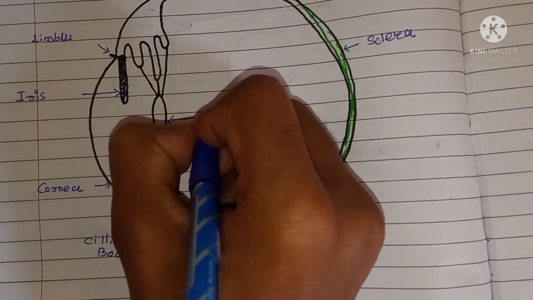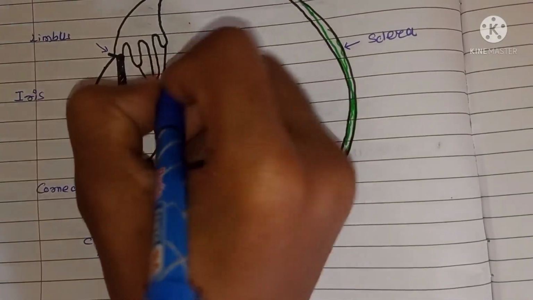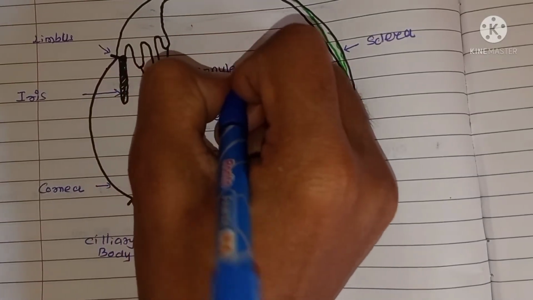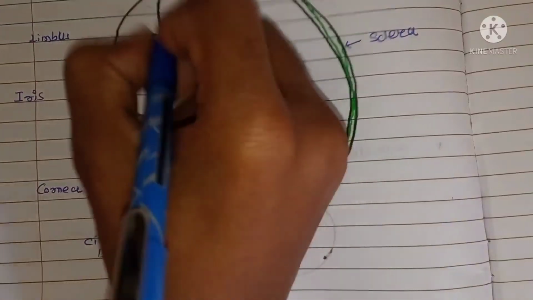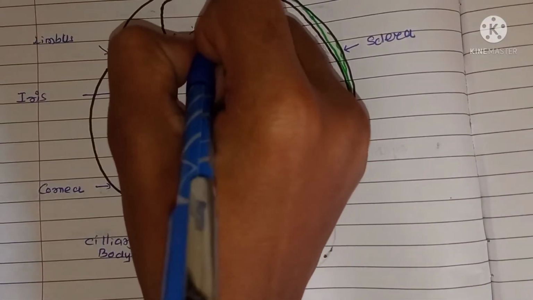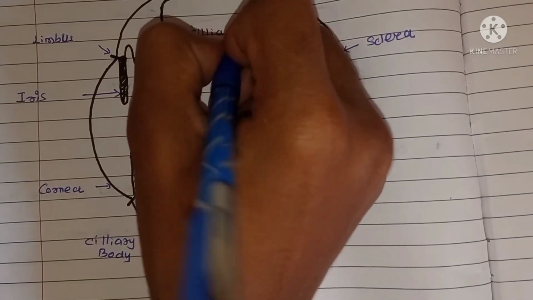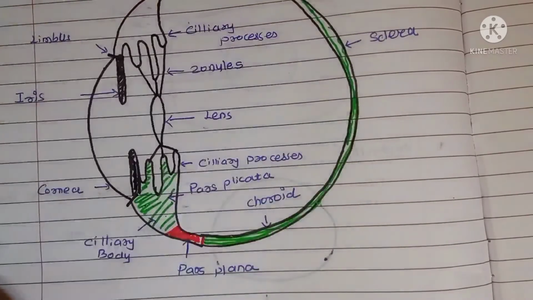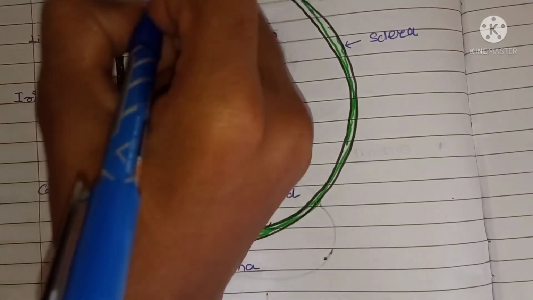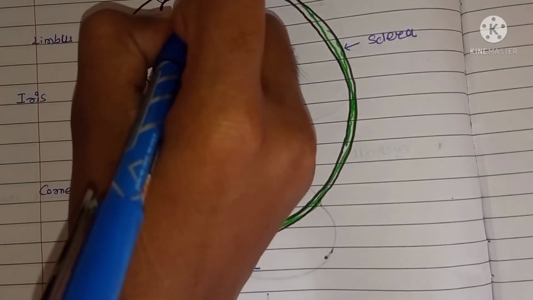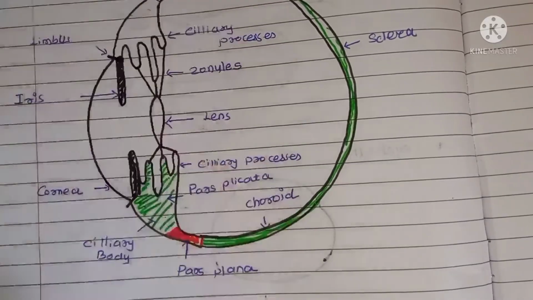This is our lens. These are zonules, thread-like structures. These are our ciliary processes. And as we know, the ciliary body is divided into two: one is pars plana and the other one is pars plicata.